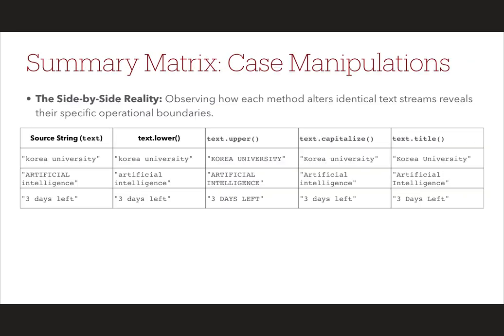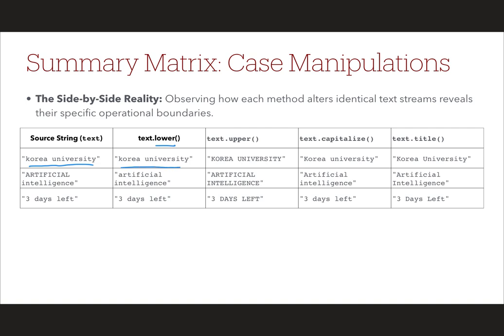So here is a summary of these functions. Suppose that I have "korea university" in lowercase, with one space between Korea and university. If I call the lower function, since it is already written in lowercase, nothing is changed.